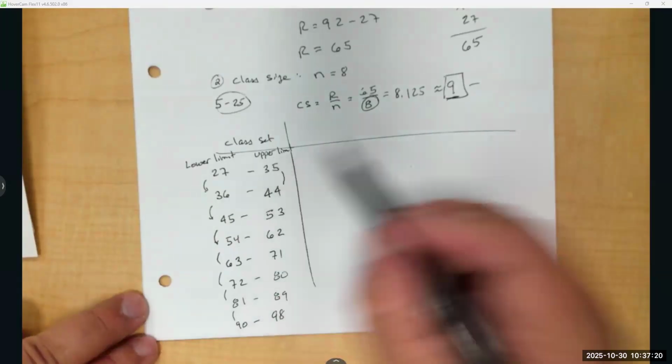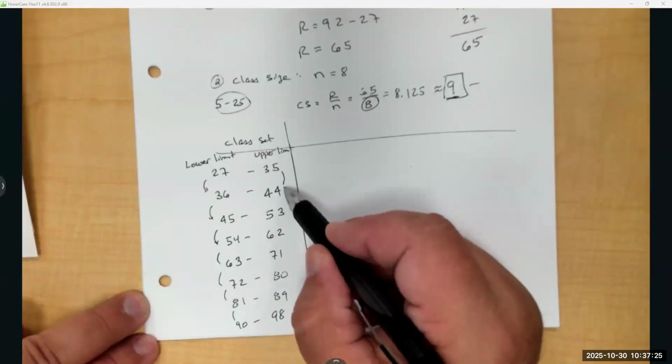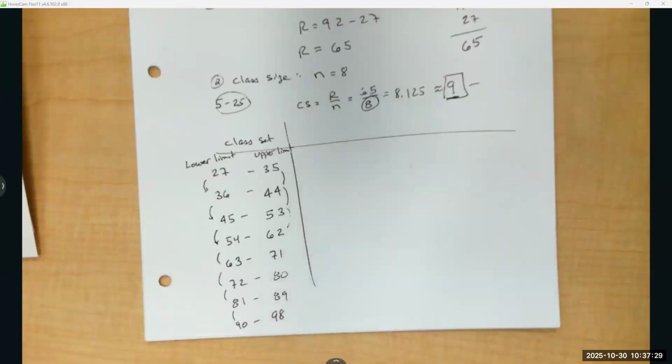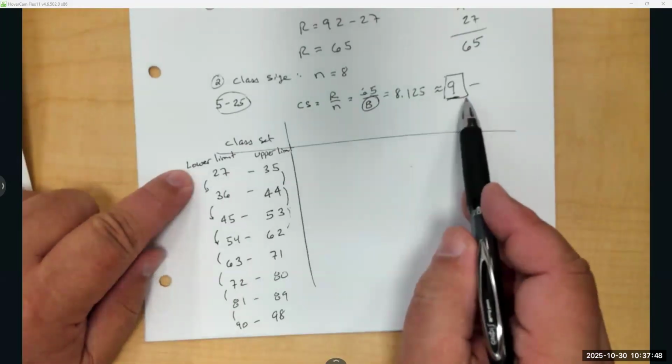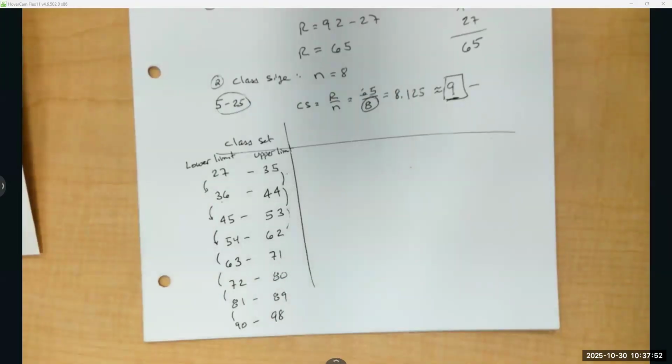So if we go 35 plus 9, that equals 44. 44 plus 9 is 53. 53 plus 9 is 62. So we want to make sure that both ends of the bound of our class set have 9 units apart. So that's how we can determine our class sets. Start with the lowest, add your number here, the class size, and that gives you the next set. Subtract 1 gives you the end of that.